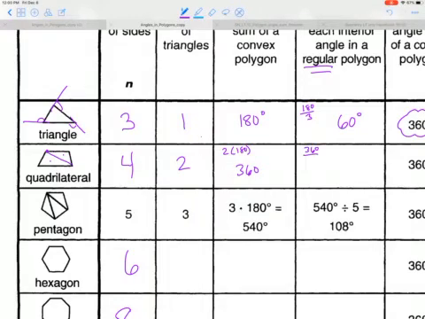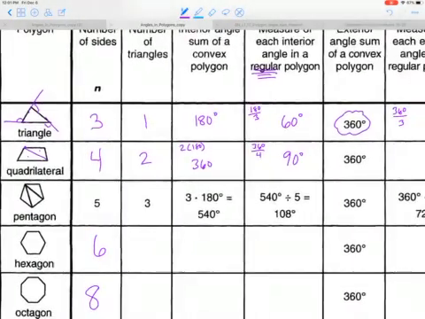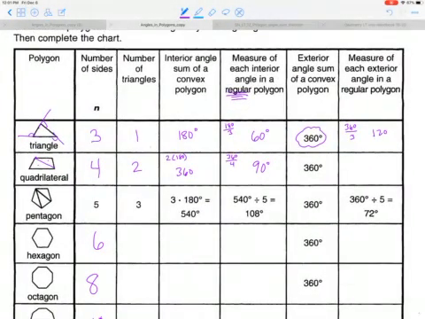Then I would do 360 divided by 4 to get one interior angle if it's a regular polygon, and that gives me 90. The exterior angles, if I were to extend the sides, would be 360 divided by 4, and I would get 90.